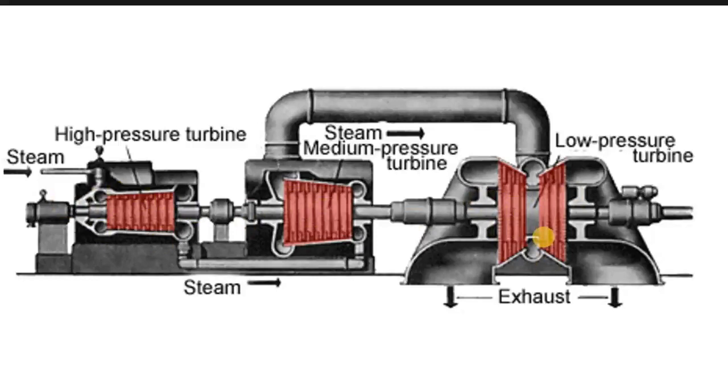All three of them are mounted on the same shaft, which rotates at around 3600 rpm in a generator to make electricity. So here a simplified steam flow path through the high pressure, intermediate or medium pressure, and low pressure turbines is shown.